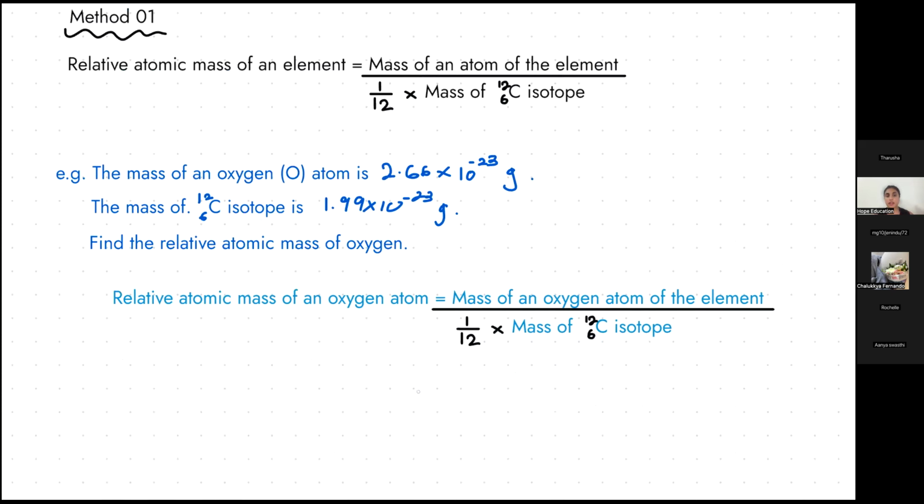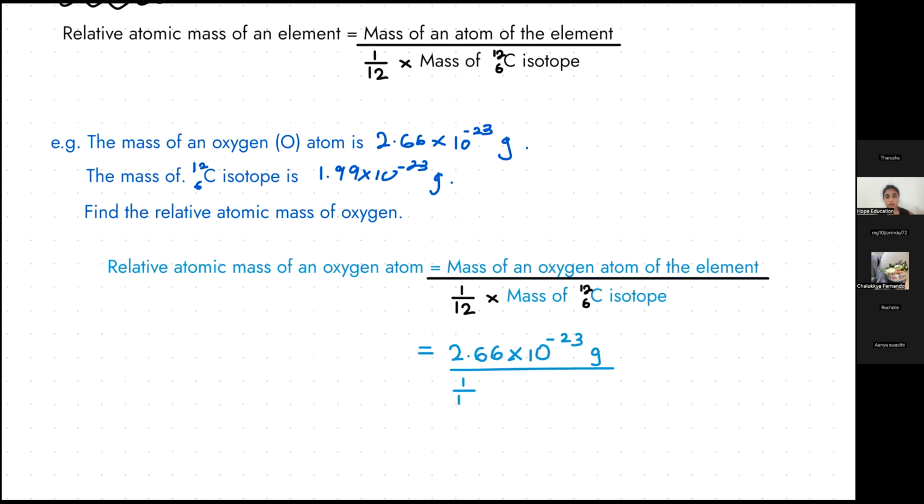Mass of an oxygen atom, they have given 2.66 into 10 to the power minus 23 grams, divided by 1 over 12 multiplied by the mass of carbon-12 isotope, which they have given as well.